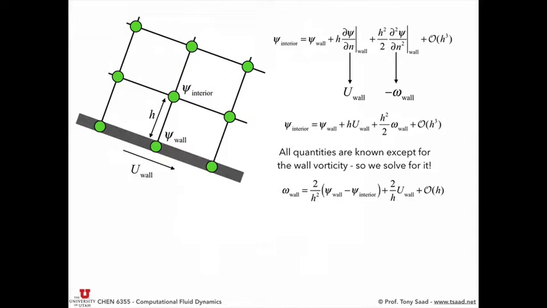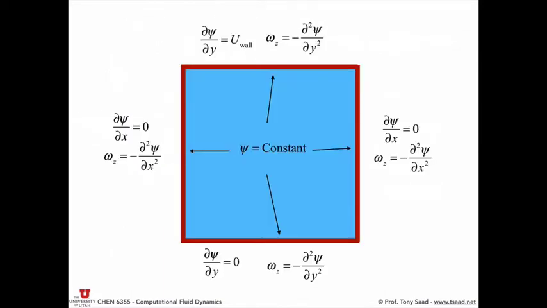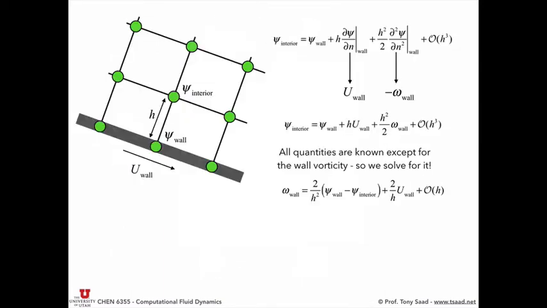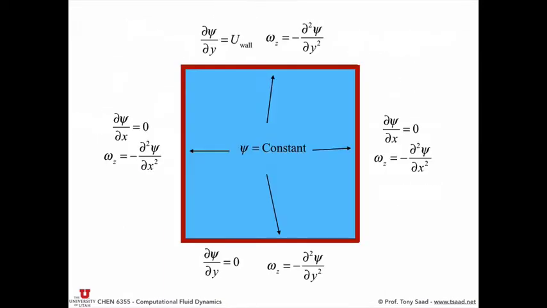And the second derivative in the normal direction is minus omega wall. If you remember, omega z is always equal to the second derivative in the direction perpendicular to the wall.